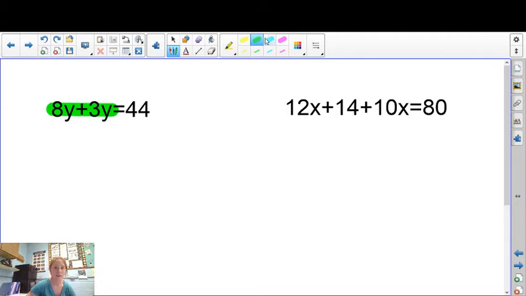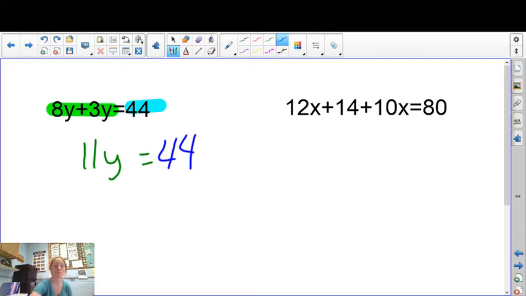See how they're on the same side? Those guys are to the left, and the 44 is to the right. So when I have the same things together on the same side, I can go ahead and combine them. So I'm going to start by combining those guys. So 8 plus 3 gives me 11. And then I'm left with my 44 on the other.